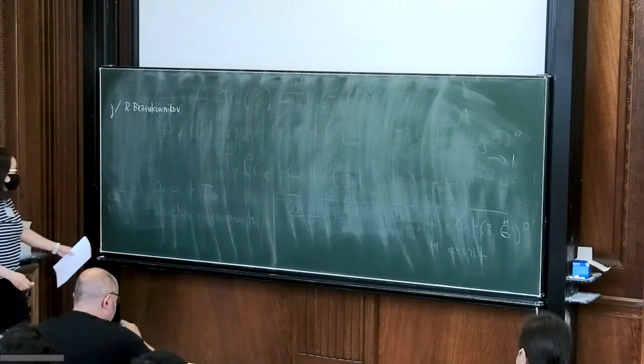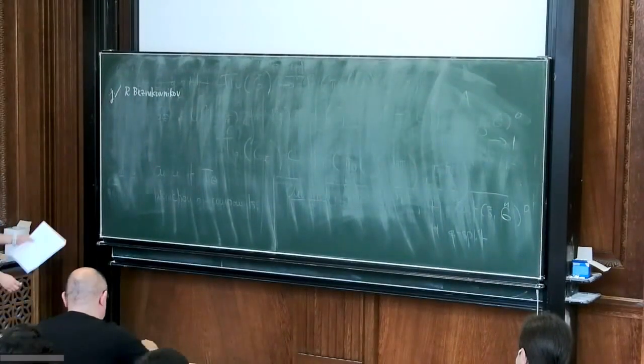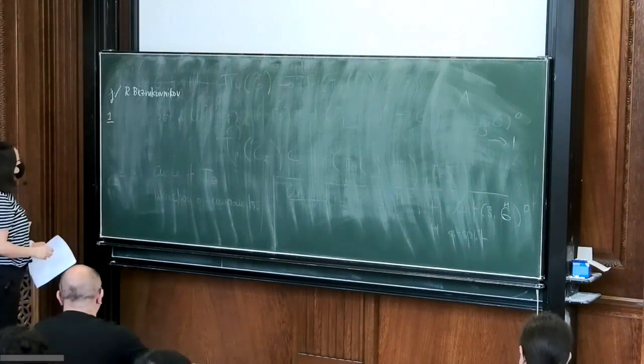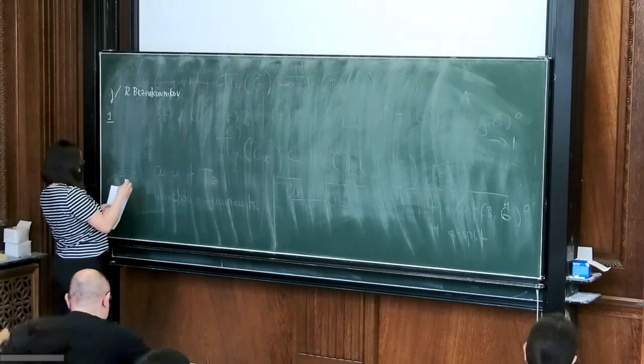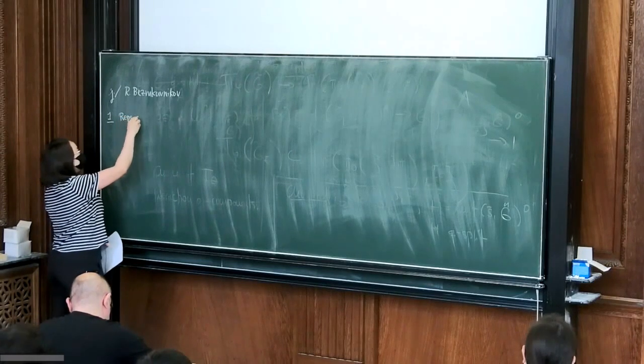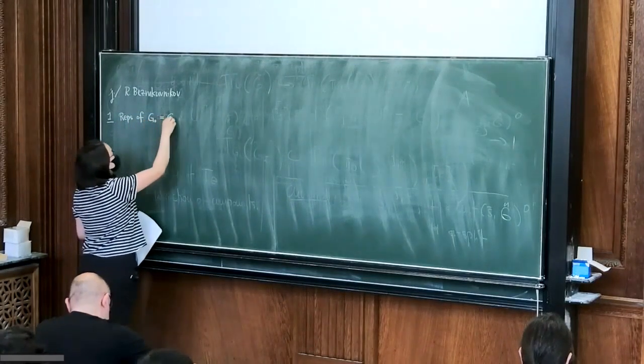So allow me first to begin with a story that probably many of you in this room know. But let me tell you just something very briefly about representations of finite groups of Lie type. And I'm going to call this G0.